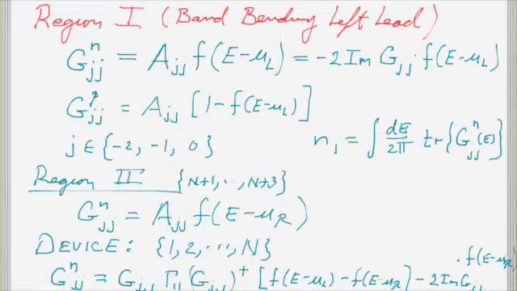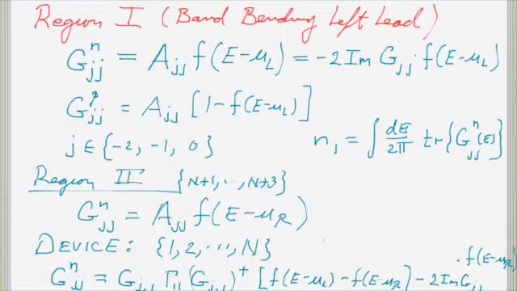Right, this was our expression for the non-equilibrium correlation function Gn. This was our numerically efficient form. Initially we just had A left times F left plus A right times F right, but A right required the other column, the right column of the Green function, and we want to only calculate one column.